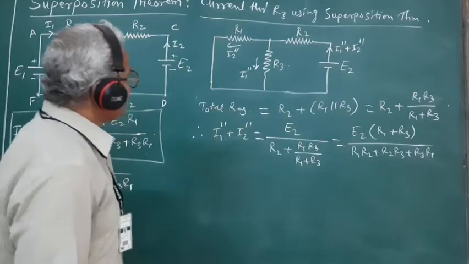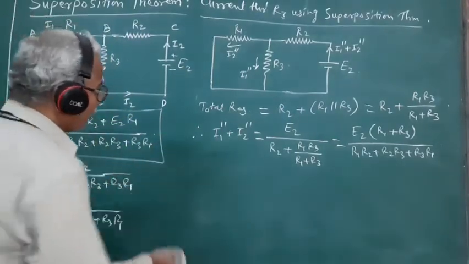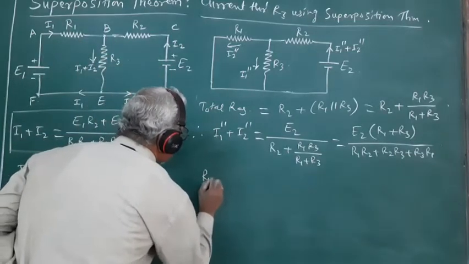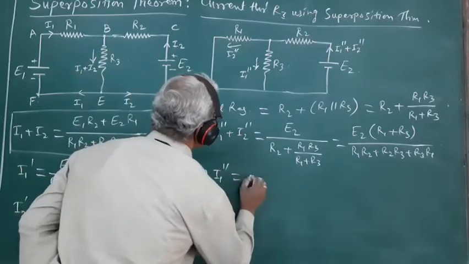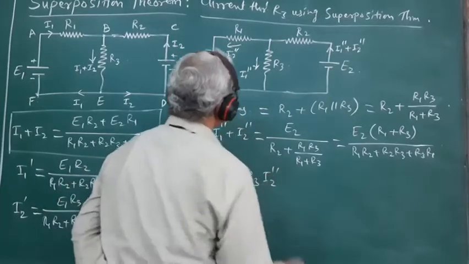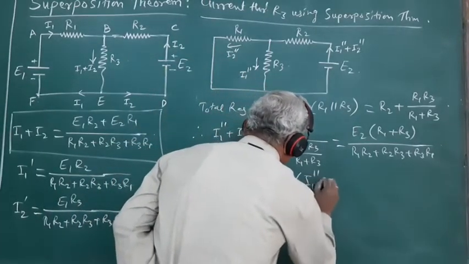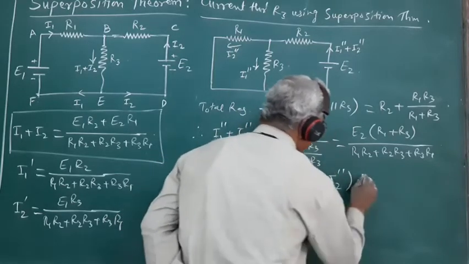So equating the potential drops across R1, R3 and across the parallel combination, we can express this as R1 I1 double prime is equal to R3 I2 double prime is equal to I1 double prime plus I2 double prime into Rx.